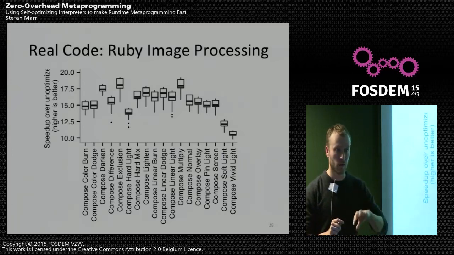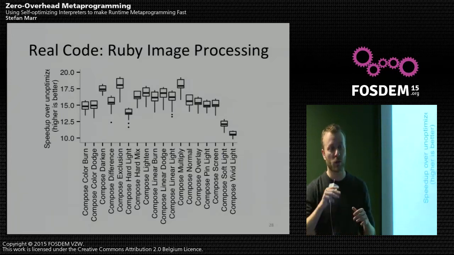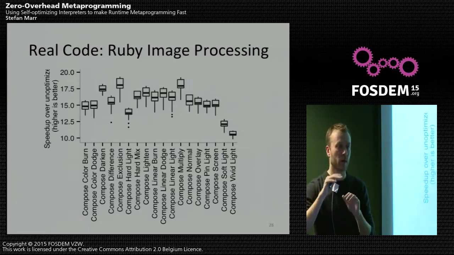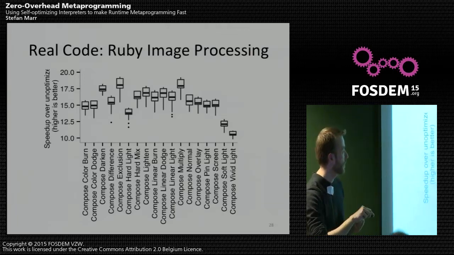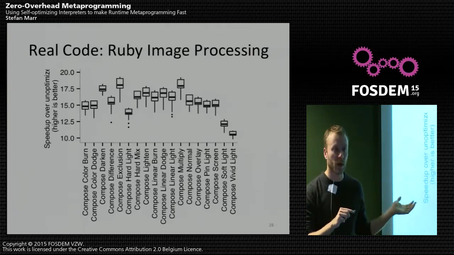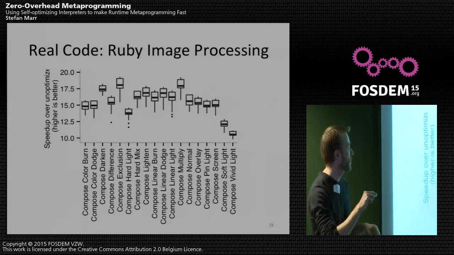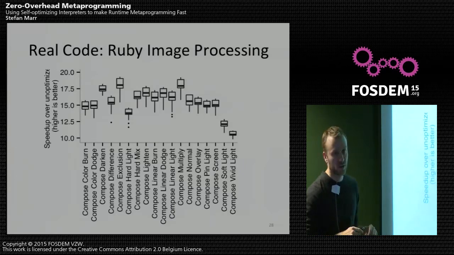It turns out that it's really everywhere, and it's used for every single pixel operation. If you merge layers in a multi-layer document, they use it. We have all those benchmarks here, and we see that if you apply that kind of technique, you get a 10 to 20x speedup on processing images in JRuby. So that's just to show that it's really nice.